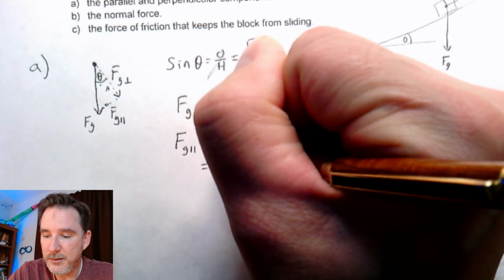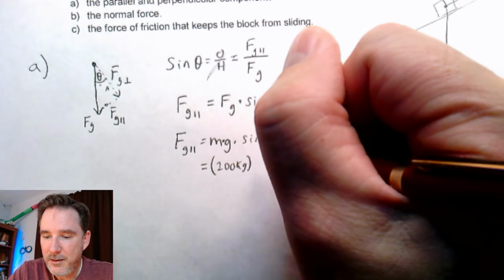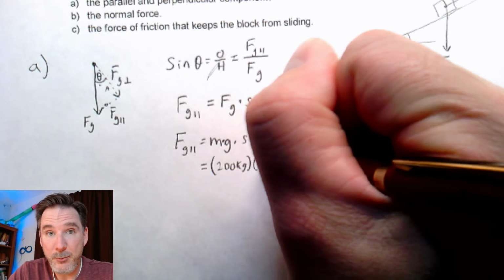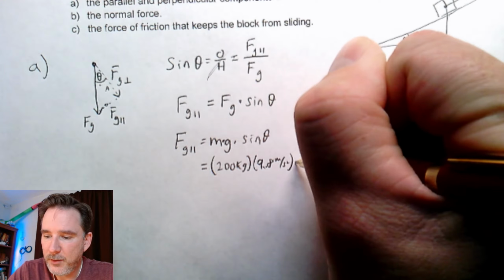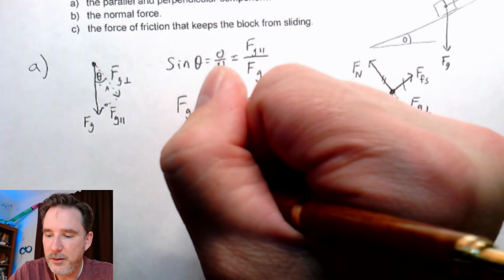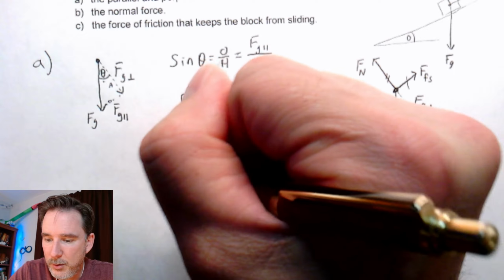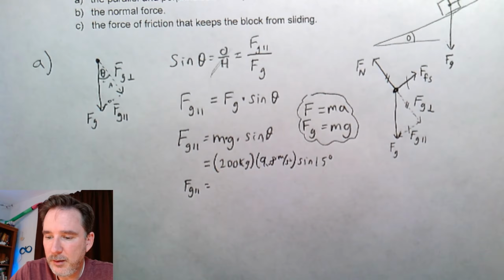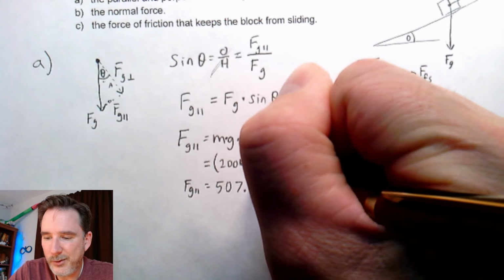The mass is 200 kilograms, the g is 9.8 meters per second squared, and theta is 15 degrees. If we put that into our calculator, making sure it's in degrees mode, my Fg parallel is 507.29.